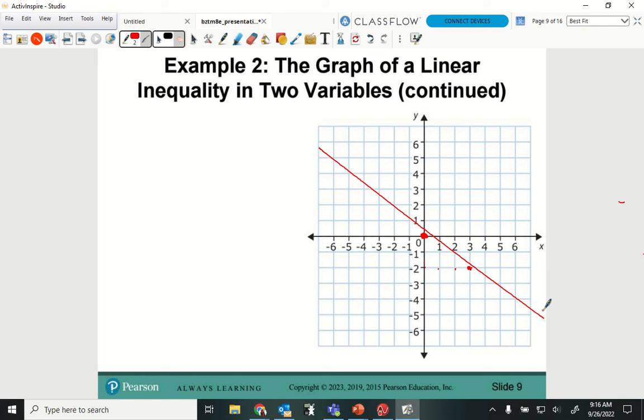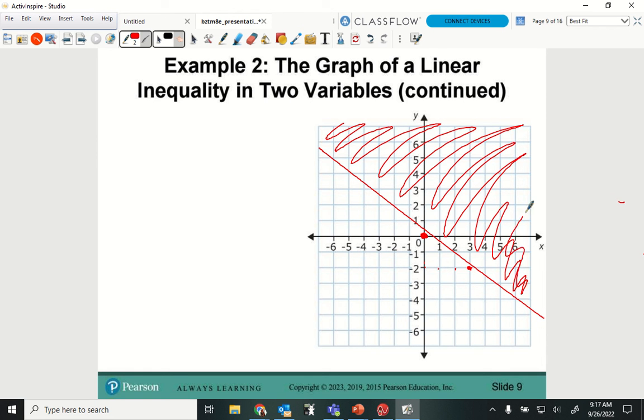Put in the calculator, sketch what you have. Sketch your answers. Now, what side is shaded? Is it above or below? Above. So let's go ahead and shade that. You don't have to be fancy on your shading. It doesn't have to be as awesome as mine is.